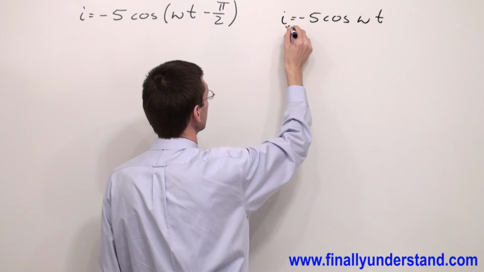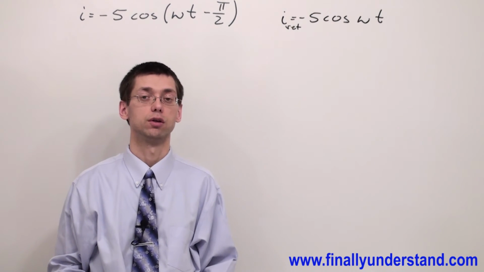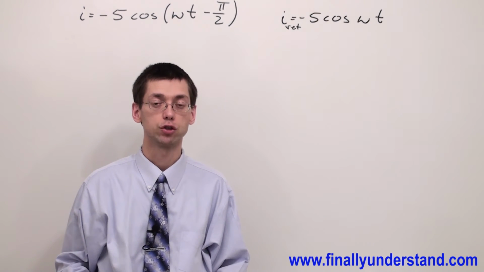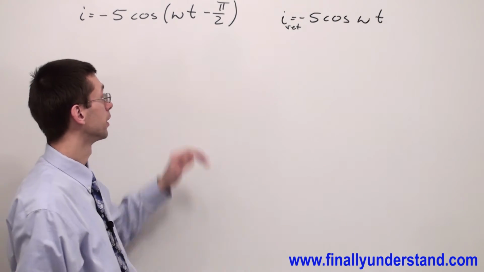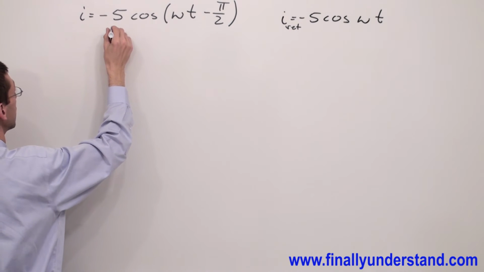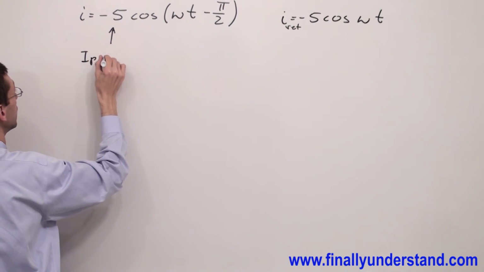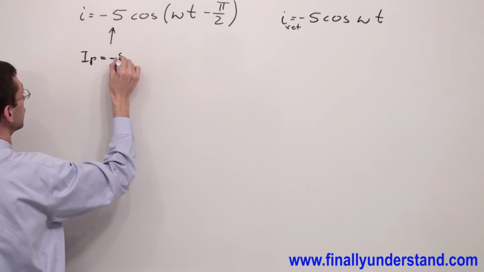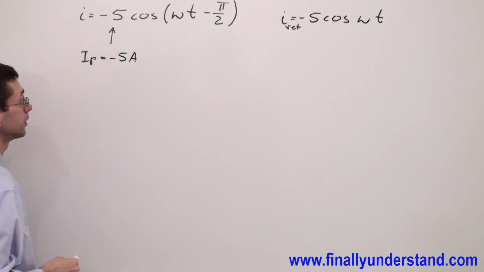I'm going to call this reference. Reference is not my answer. Reference is going to help me to find the answer. What I'm supposed to do next? I'm supposed to understand that this is my peak current. This is I peak equals -5 amps, because I'm looking for current.